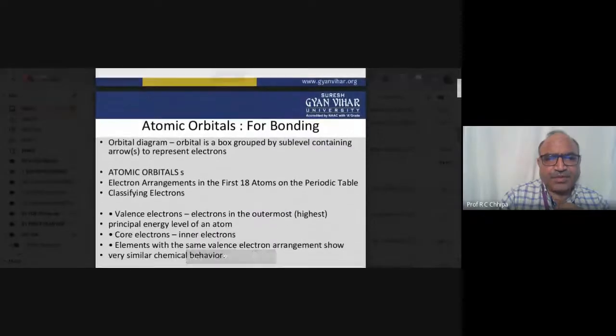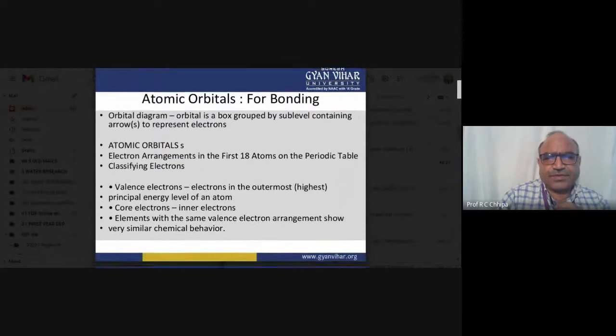Those are the atomic orbitals with the electrons from one atom to another atom forming different types of ionic, covalent, and coordinate bondings. So definitely we have the great role of the atomic orbital.